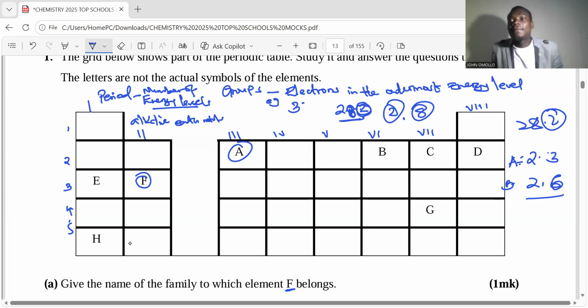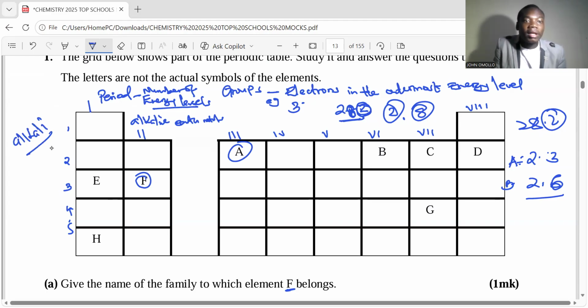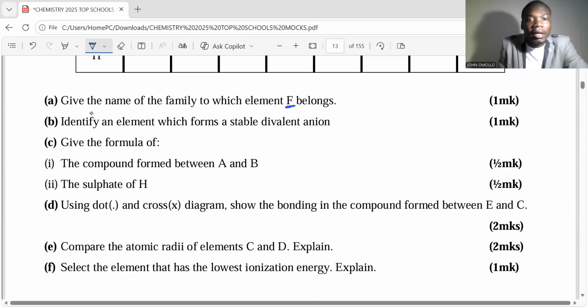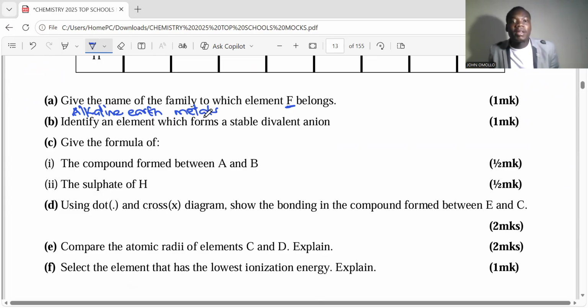Group 1 elements are referred to as alkali metals. So F belongs to a family known as alkaline earth metals. Good.